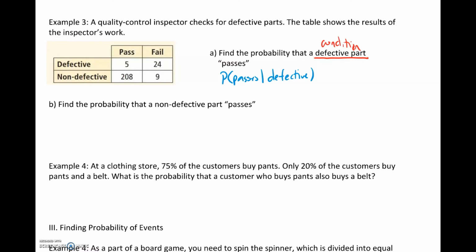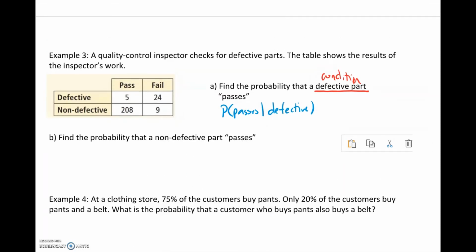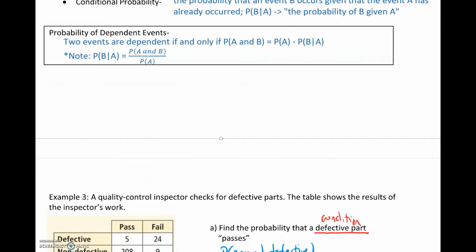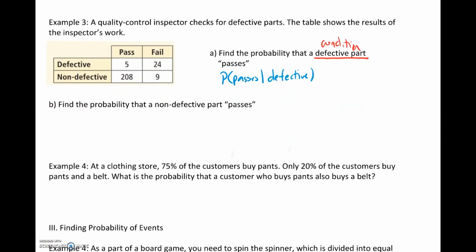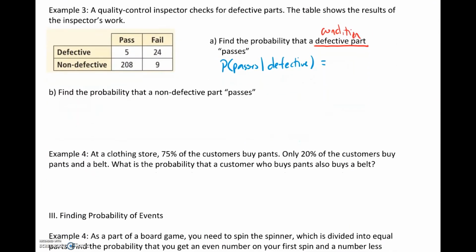Okay, so if you want to go back and look at your conditional probability formula, which we had earlier here, the probability of B given A equals the probability of A and B over the probability of A. That's basically this, the probability that we have a part that passes, or actually let me write this consistently with what we had, right? It was A and B. So the probability that it's defective and passes, oh, excuse me, that's so ugly.